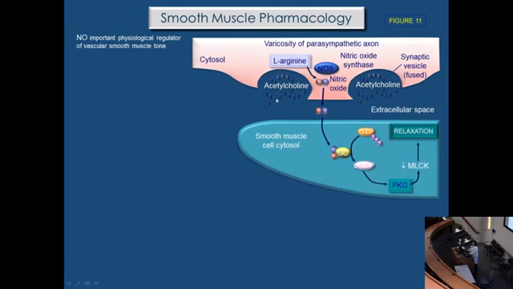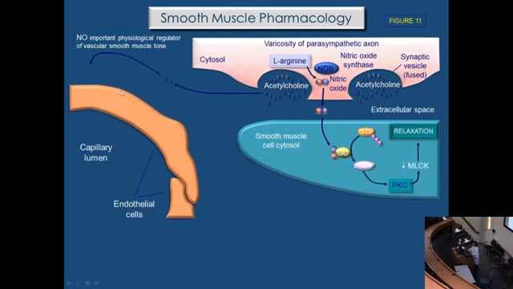But at the same time, it could be that once this varicosity releases the neurotransmitter, in this case the ACh, this will reach the endothelial cells in the capillary lumen, and this will bind to the receptor that, as we said before, through a G protein mechanism will result in the production of IP3.